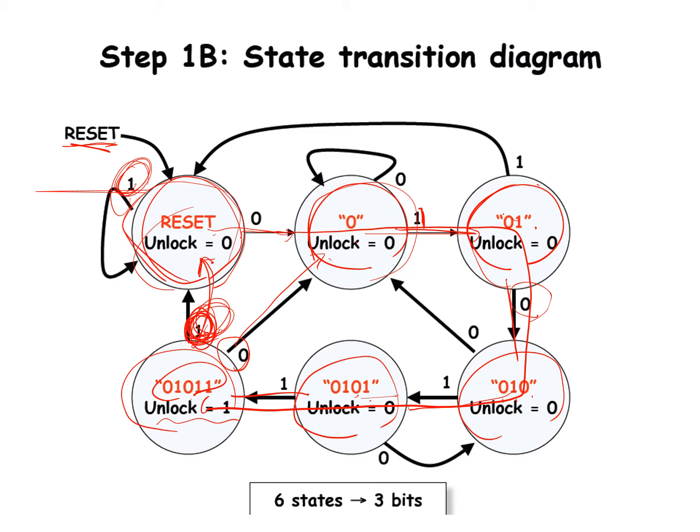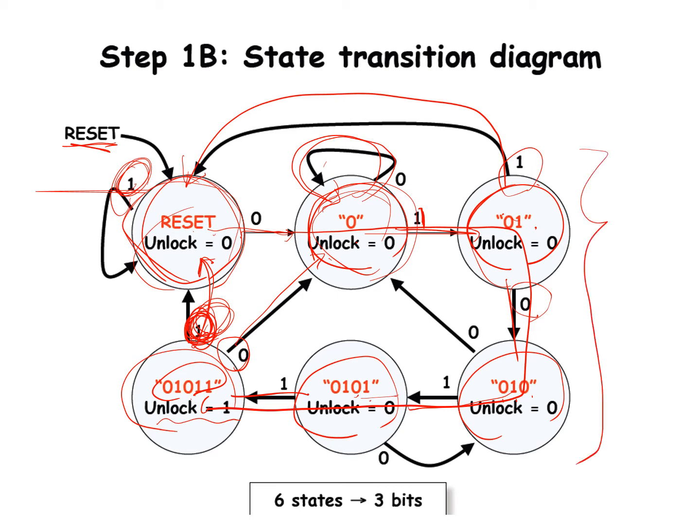If we receive the wrong key, sometimes it goes back to reset, and sometimes it goes back to the current state, to keep the sequence properly. In any state, if you enter the right sequence, it will continue and make the transition to the right state. So this is the final state transition diagram.